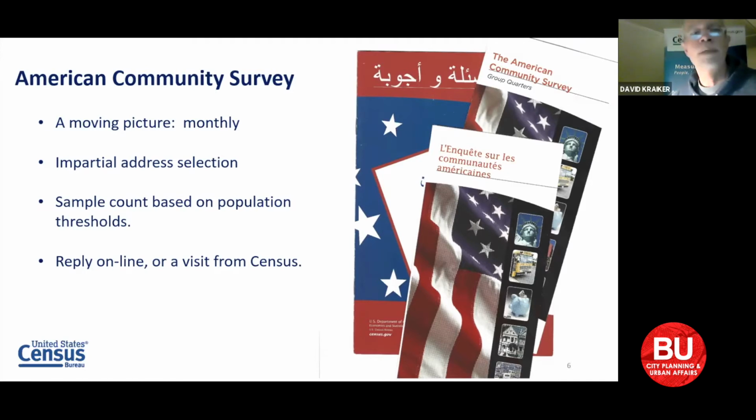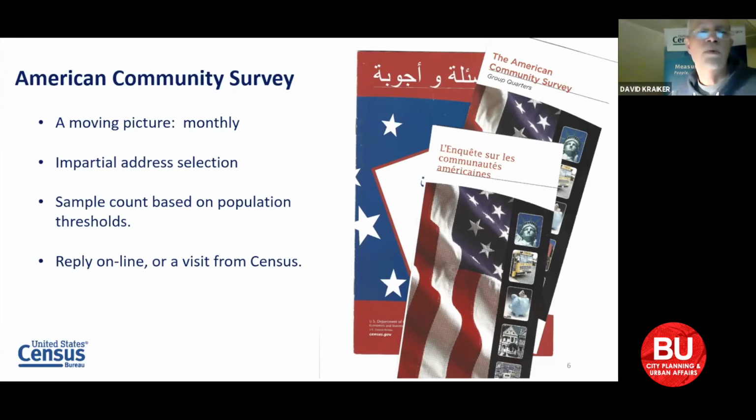We survey about 1% of the population a year. It is built on a geographic database of addresses, and it's an impartial address selection. So it is an algorithm that goes through and selects addresses, and then we're given that, and it says, go do this interview, okay?